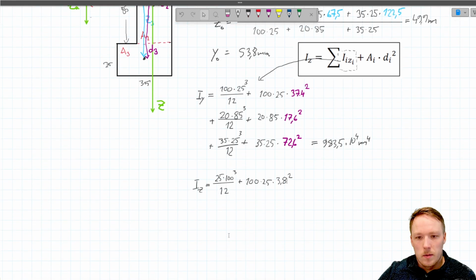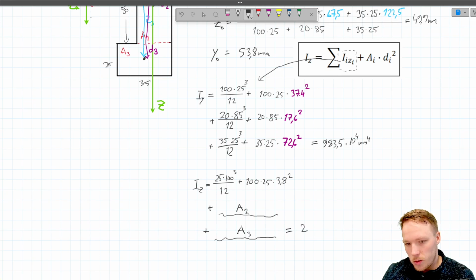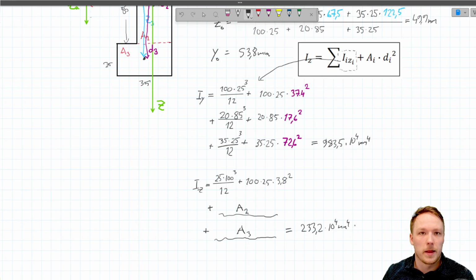And then we would do the same thing for other areas, area 2 plus area 3. And the result you should get is Iz is 233.2 times 10 to power 4 millimeters power to 4. Like that.